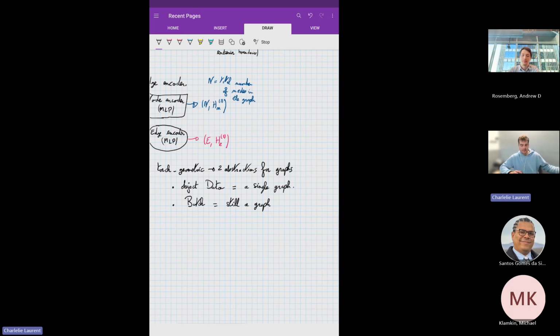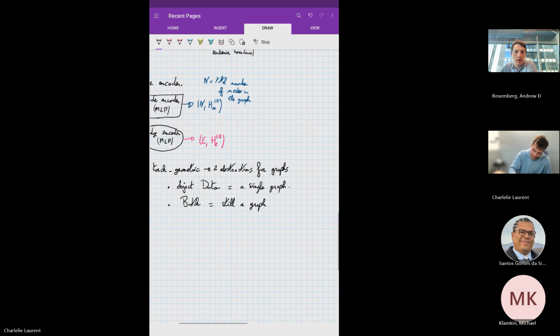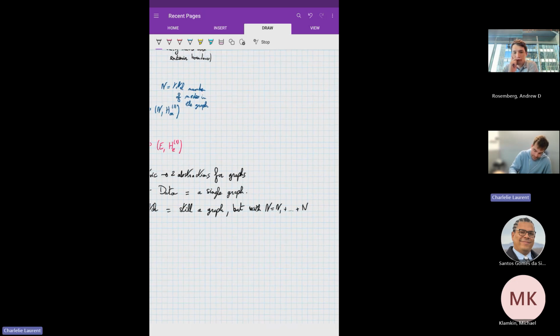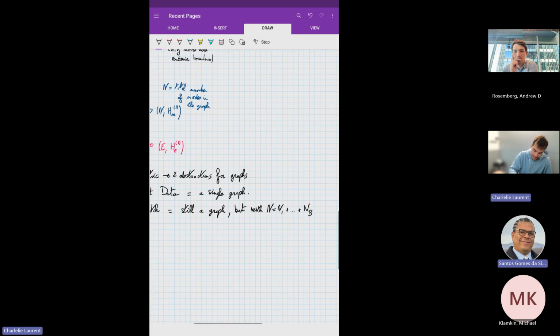It takes B graphs and puts them all together into a single graph, which will have N nodes, which will be N1 plus up to NB nodes.